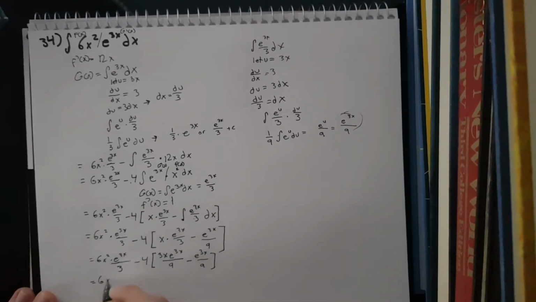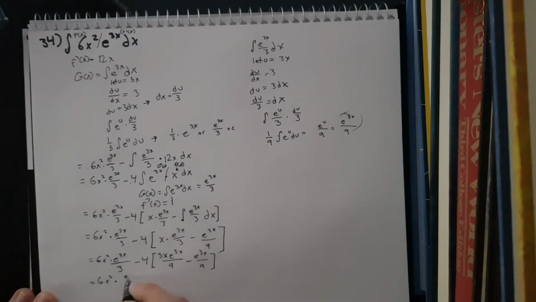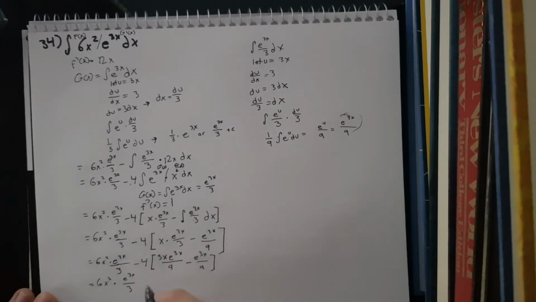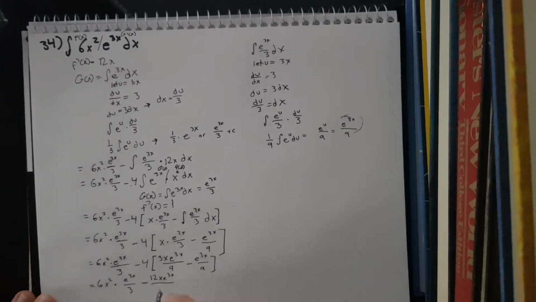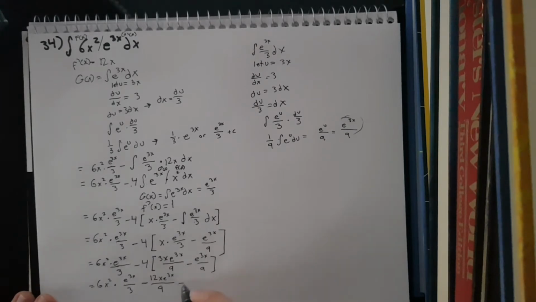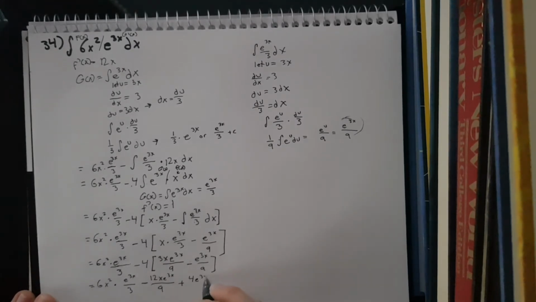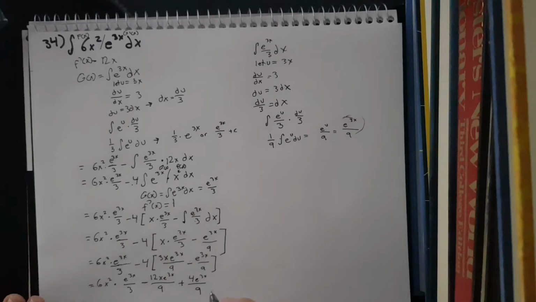We get 6x squared times e to the 3x over 3. We distribute the negative 4, so that'll be minus 12x e to the 3x over 9 plus 4e to the 3x over 9.